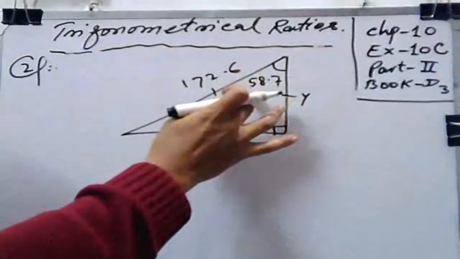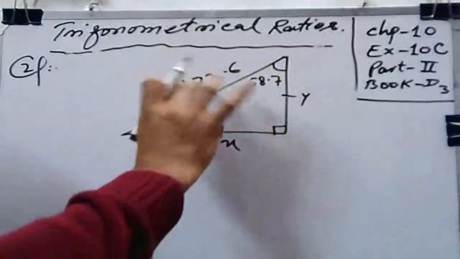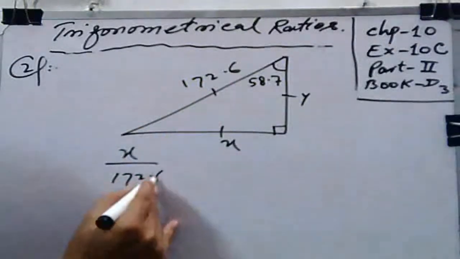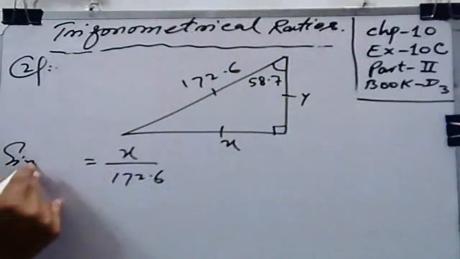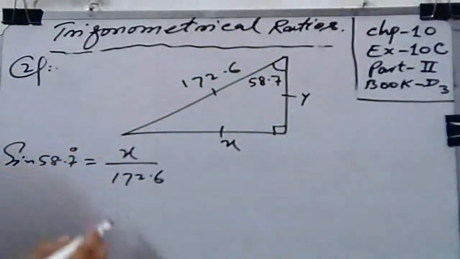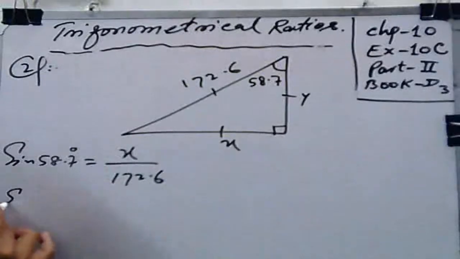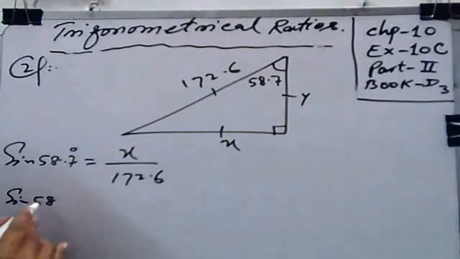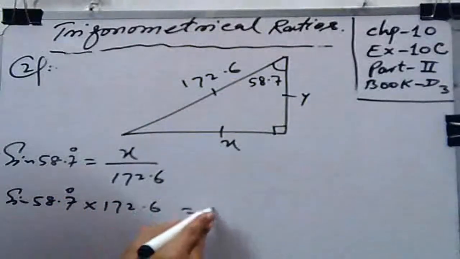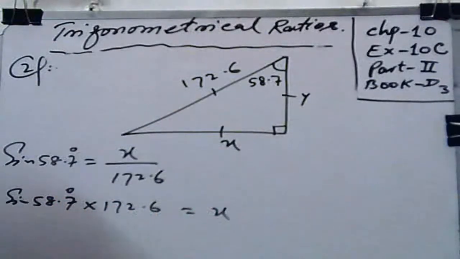You should take which type of ratio you can use. This angle used, that is your opposite side. So opposite by hypotenuse is known as your sine 58.7. So we need the value of x by using cross multiplication. Sine 58.7 degree multiplied by 172.6 is equal to your x.